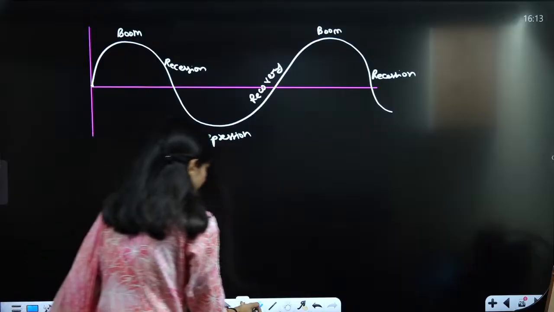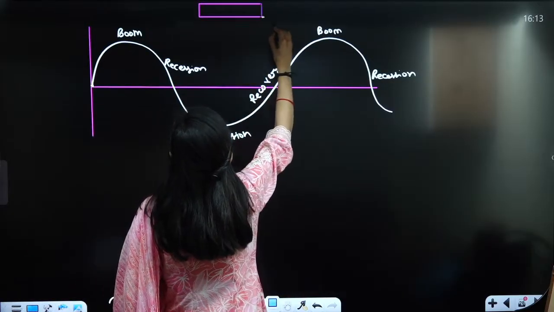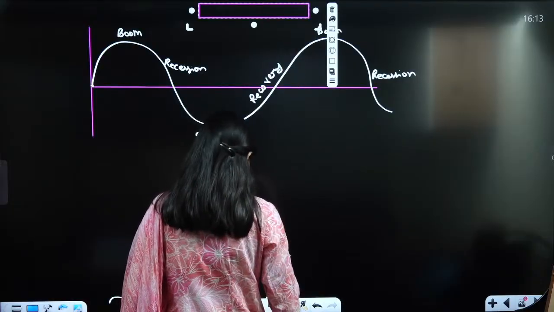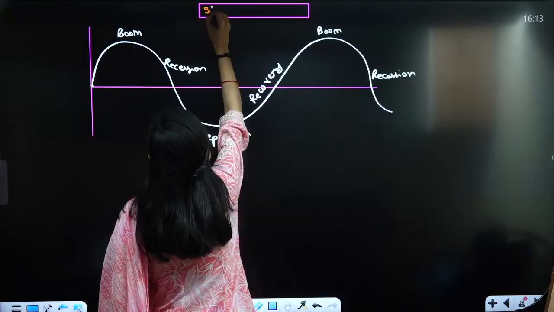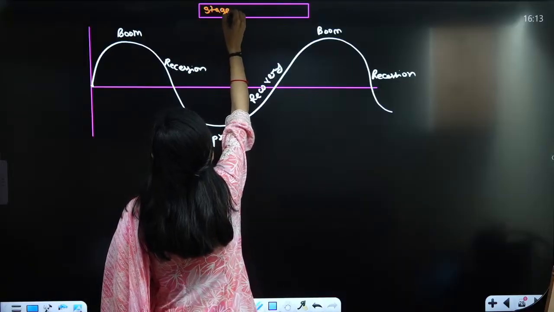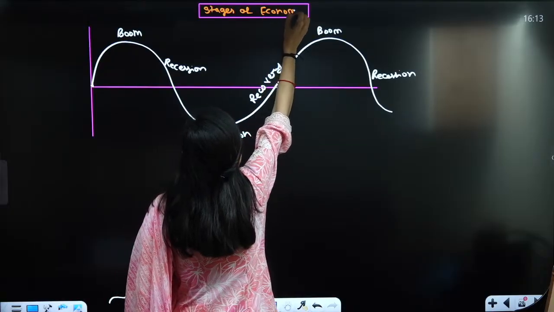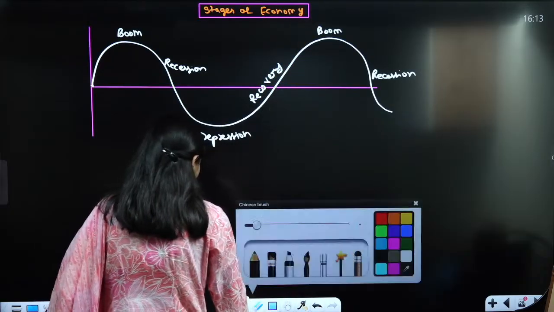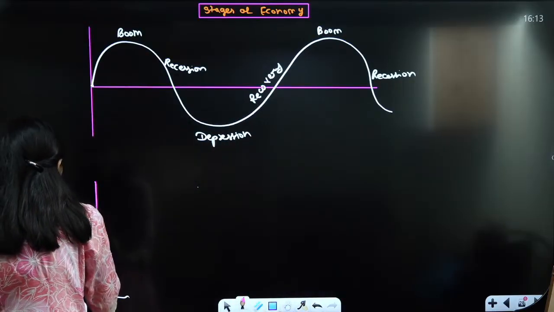Here I can refer. Okay, so this is what we are referring to. This is related to the stages of economy.